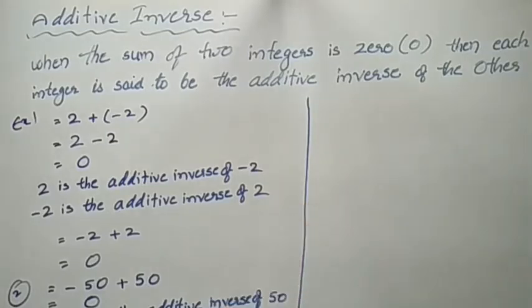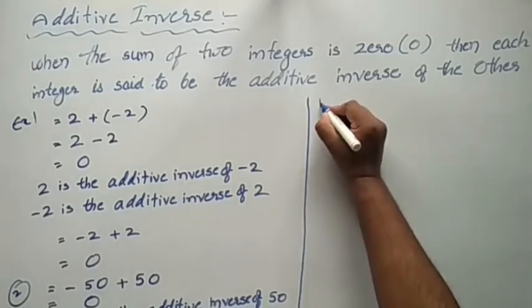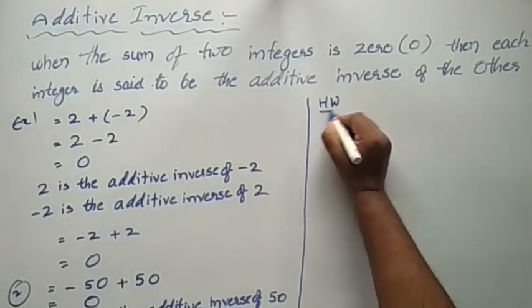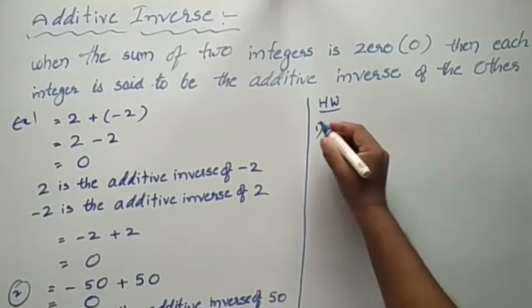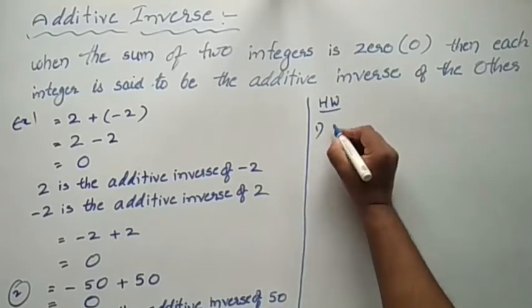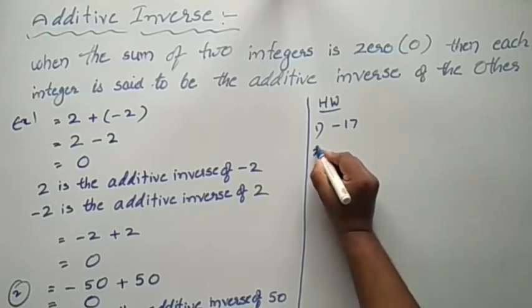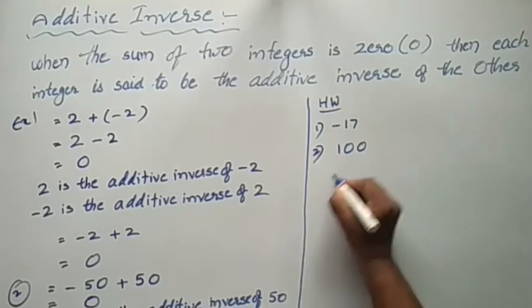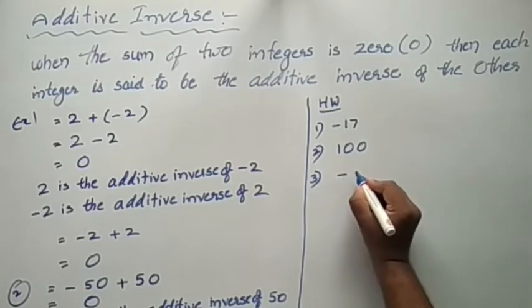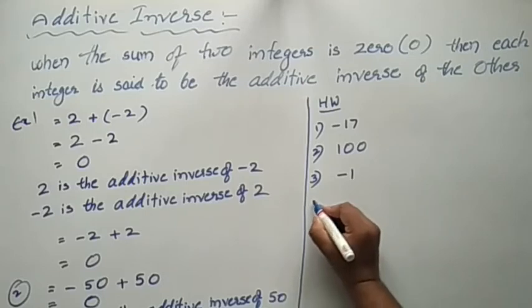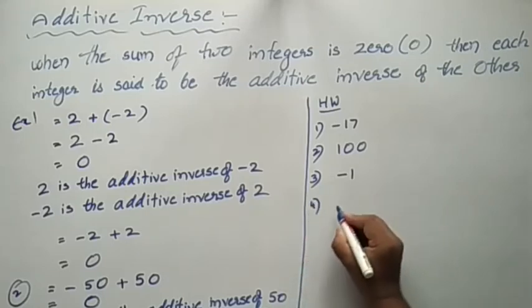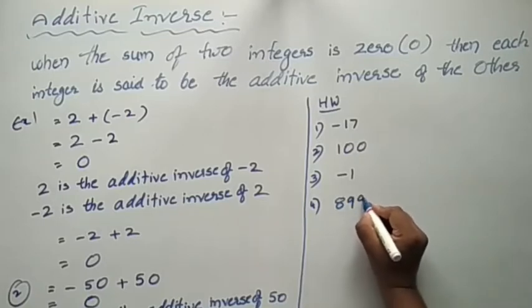I'll give you some examples. Do it in your class notes. Write the additive inverse of minus 17, 100, minus 1, 899.